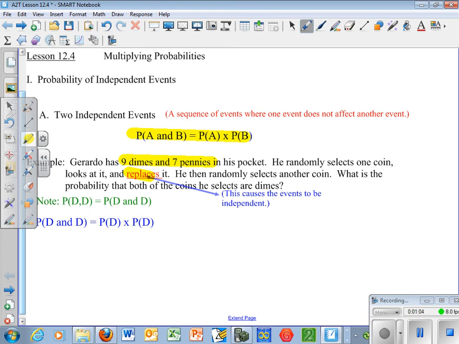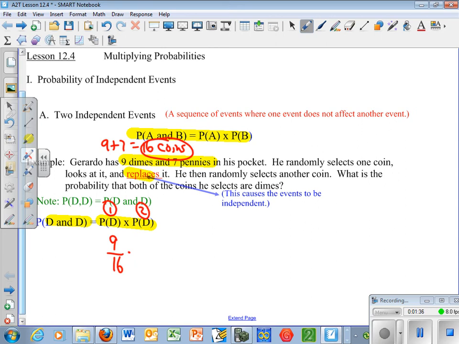So what we want to do is look at what's the probability of getting a dime and a dime. So I'm going to do the probability of a dime on the first draw, and then multiply it times the probability of a dime on the second draw. If you notice, 9 plus 7 is 16, he's got 16 coins in his pocket. So the probability of a dime, how many dimes are there? 9 out of how many total? 16.